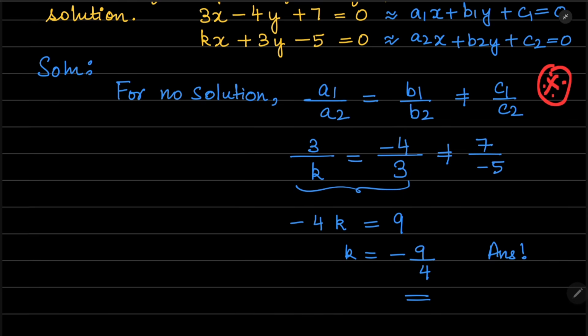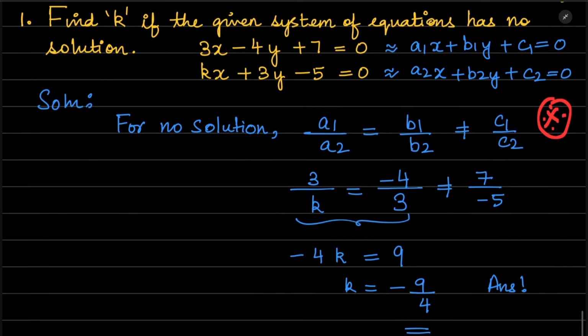In order to do this question, you just have to remember this condition. For no solution, the first two ratios are equal, but that is not equal to the third ratio, which is your constants, c1 and c2. So this is how you have to do it. The final answer is k equal to minus 9 by 4. In the exams, when you are writing, you should also write the same way. You cannot directly write the ratios from the given equations.